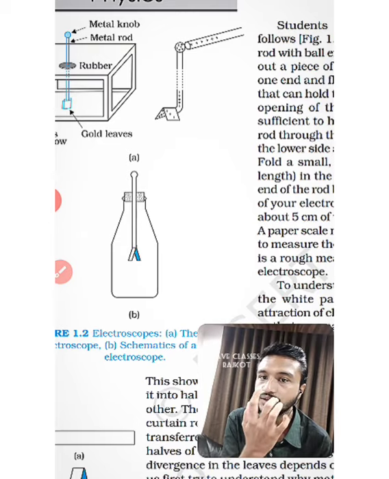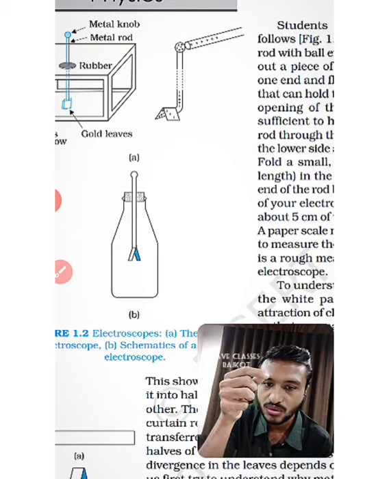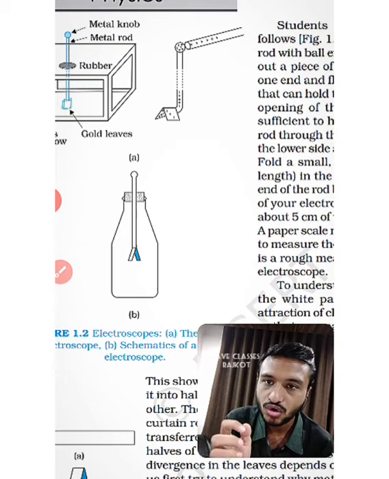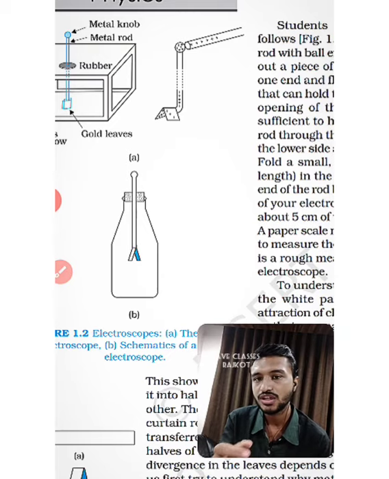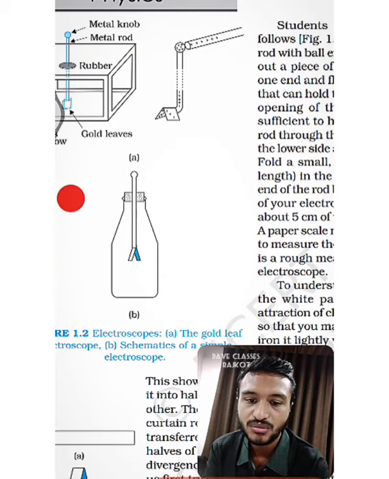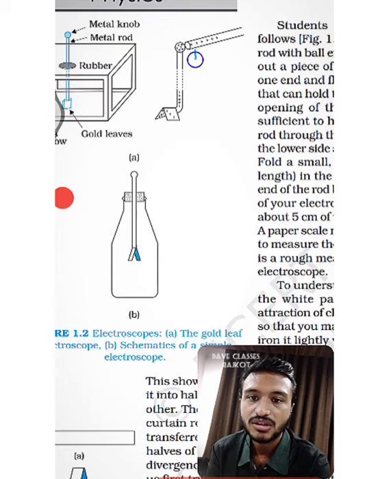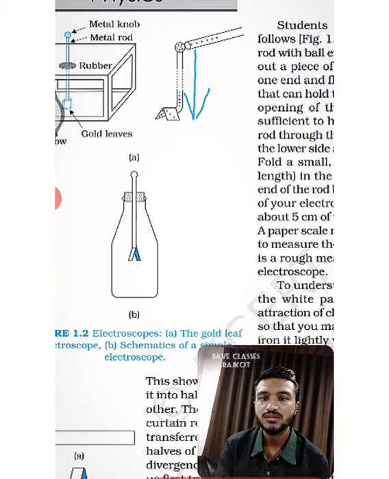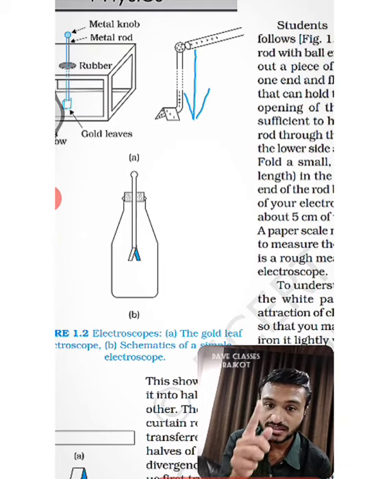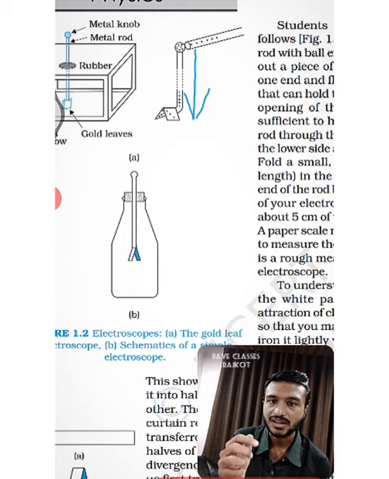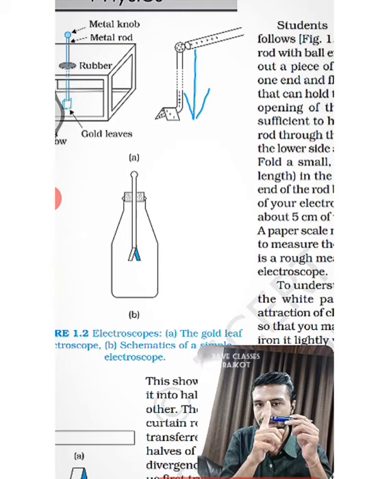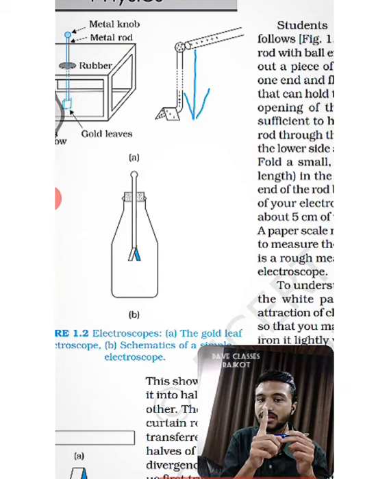Now the metal rod is there which passes through the box. So once it passes through the box, what would happen? The charges, as I am showing you with the blue lines in the figure, will pass steadily from the knob onto the metal rod.